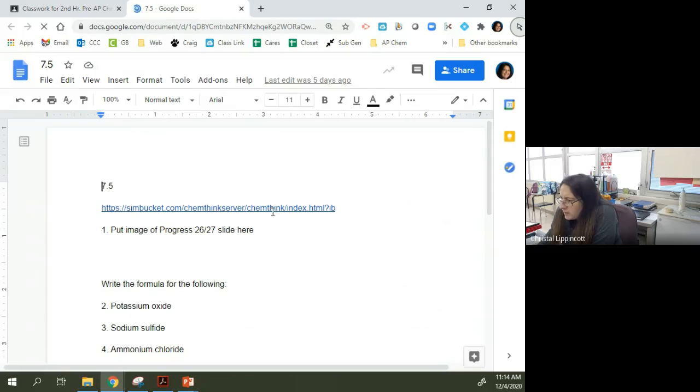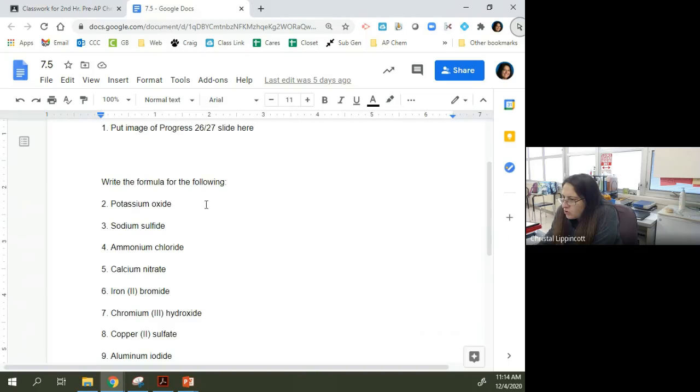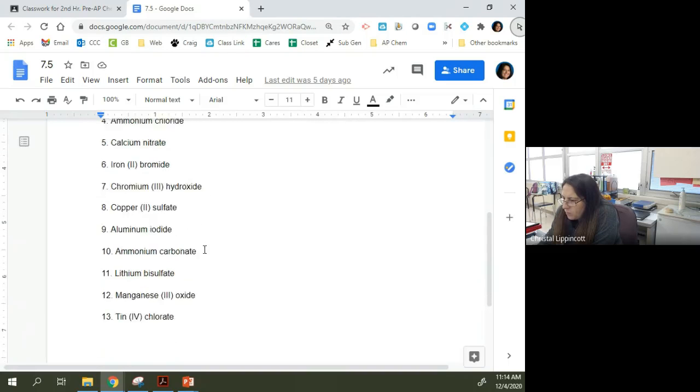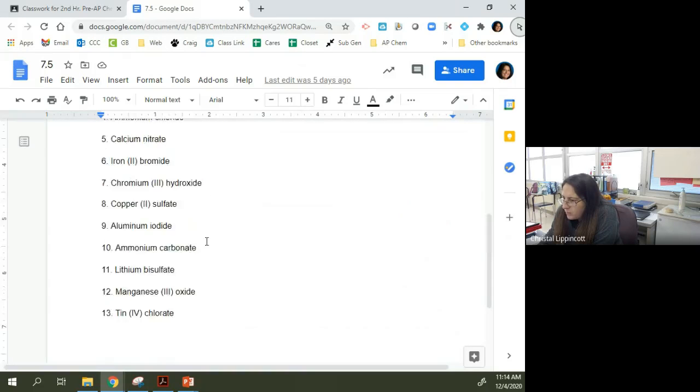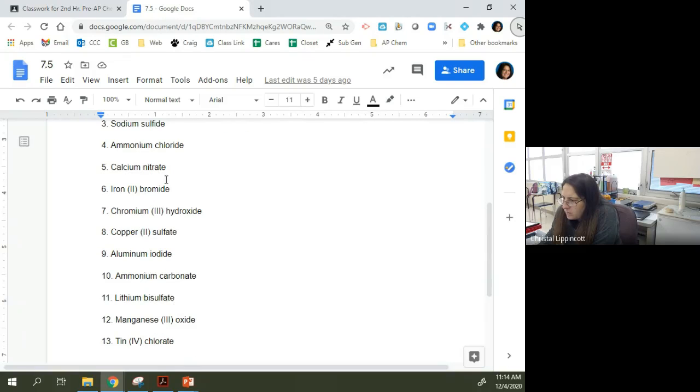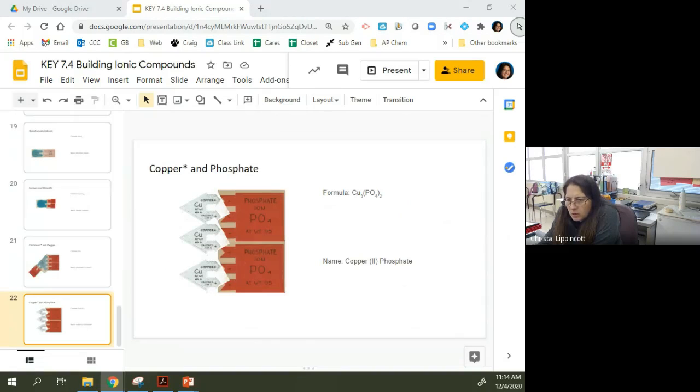So you're going to click on that link, and then when you get done at the end, just give me a screenshot of the second to last slide. So you're going to put a screenshot in there, and then you're going to write these formulas out for me. So write the formulas for these compounds out. Good? All right.